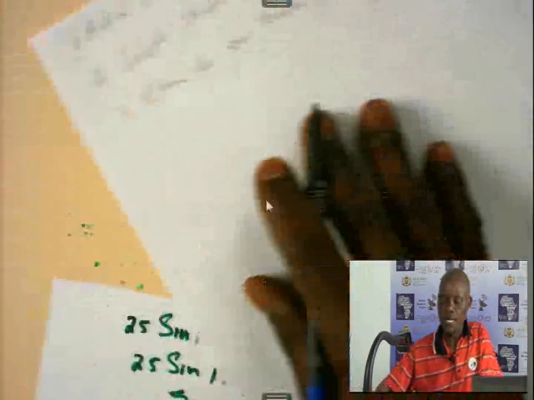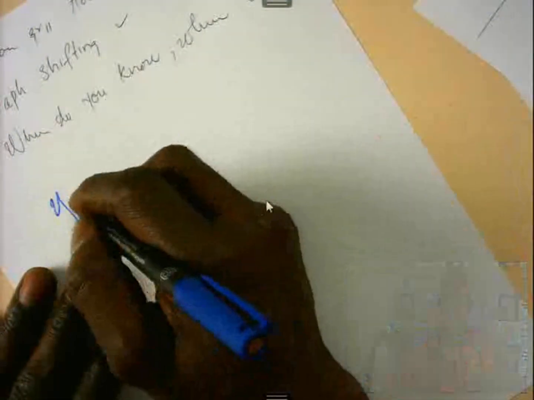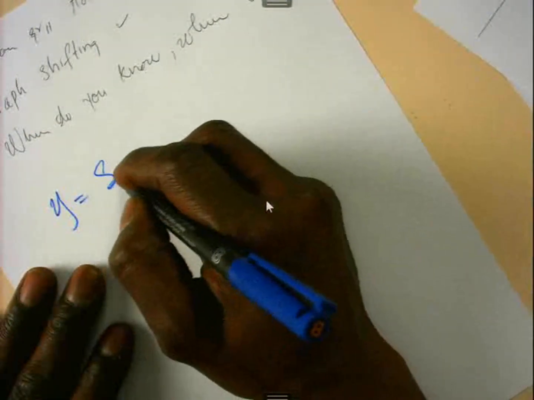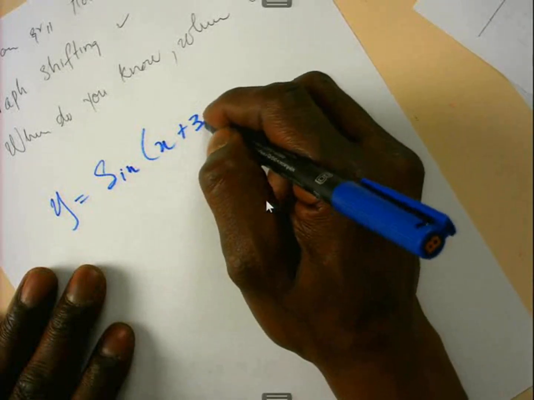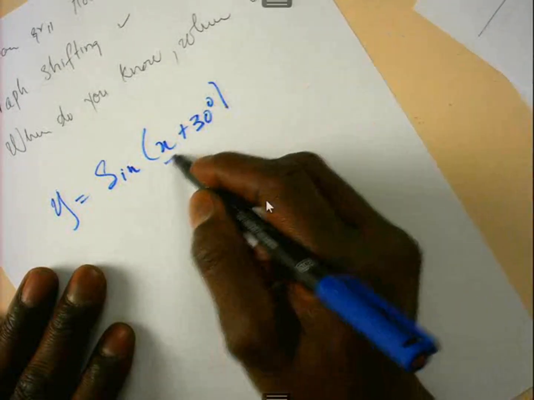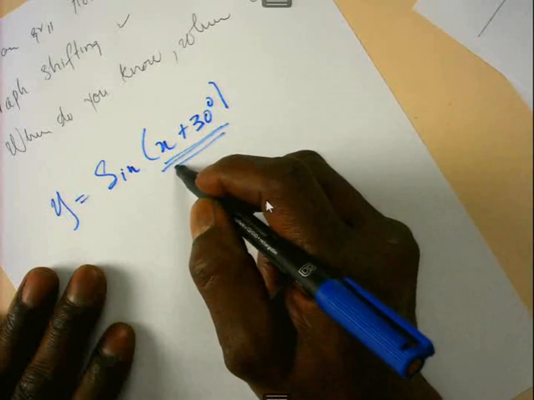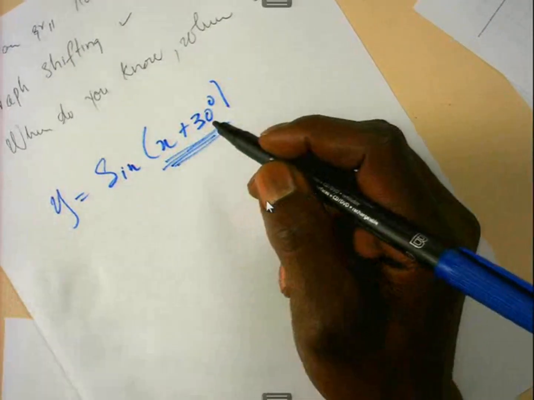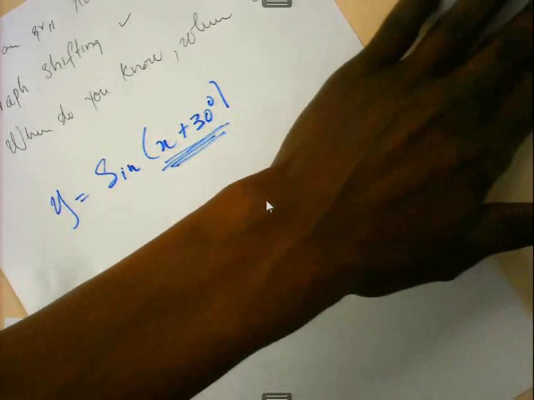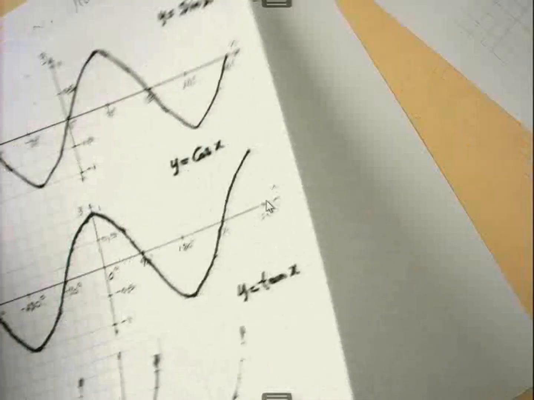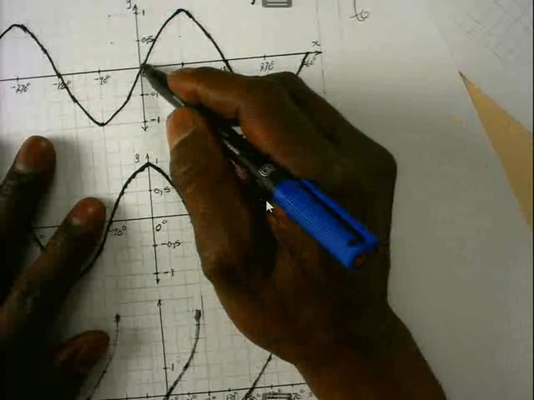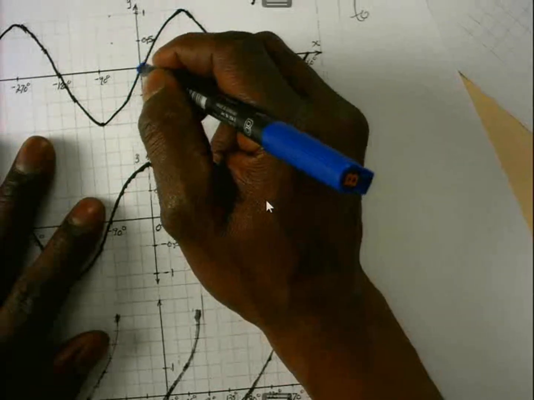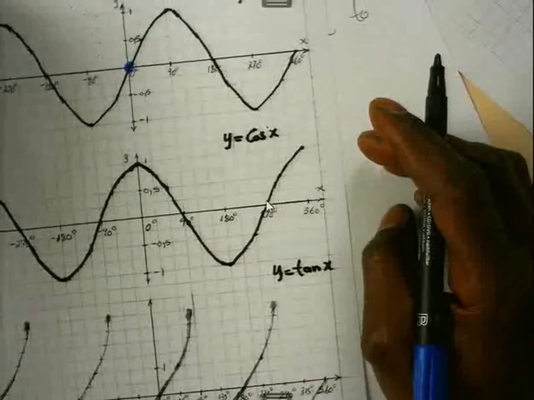Suppose you are having the graph of y equals sine of x plus 30 degrees. We are saying, when will this bracket be 0? Why are we referring to 0? We are actually tracing this point here. What will happen to this point if there are some changes?